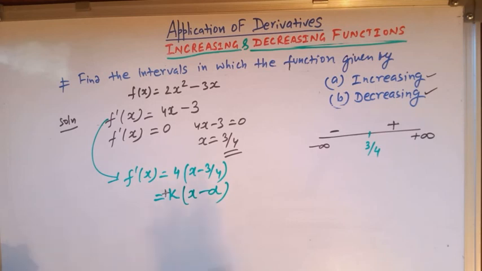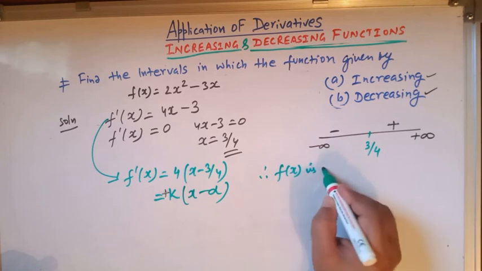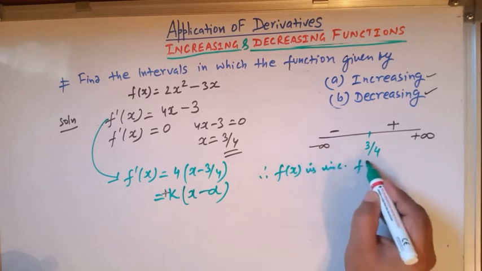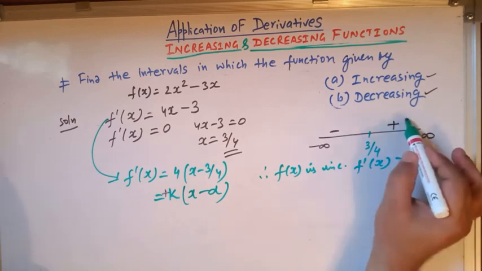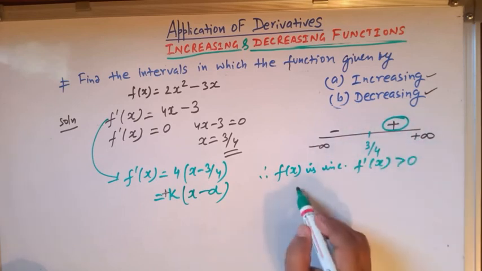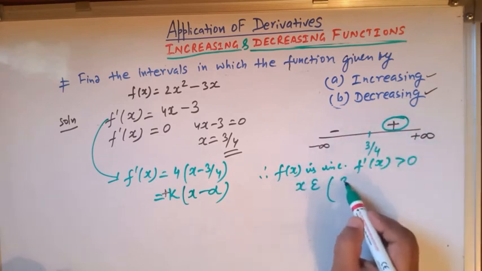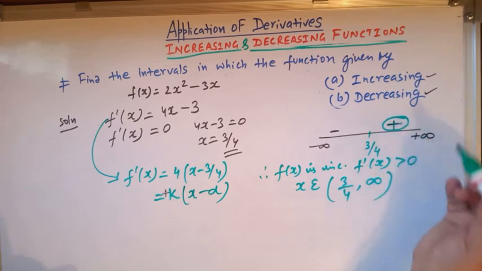Okay? So therefore f(x) is increasing if the derivative is greater than 0, and the derivative will be greater than 0 if x belongs to the interval 3 by 4 to infinity, because here we have positive sign.